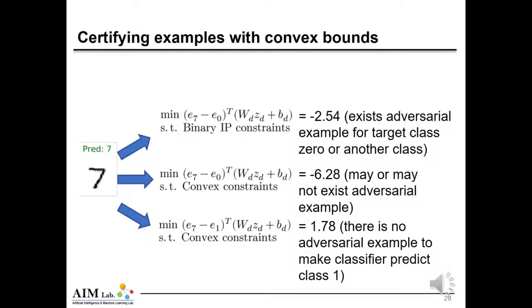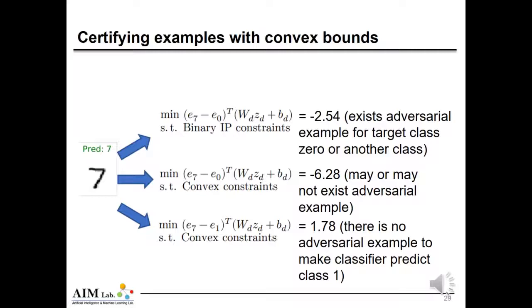Suppose we solve our verification problem using the binary integer programming formulation. If the result gives us a negative solution, it means there exists an adversarial example. On the other hand, if we do the same thing with the convex constraints, we also get a negative number because it is convexly relaxed.